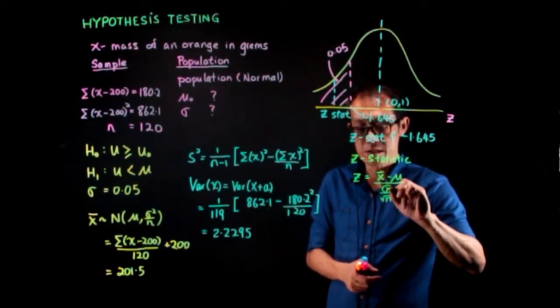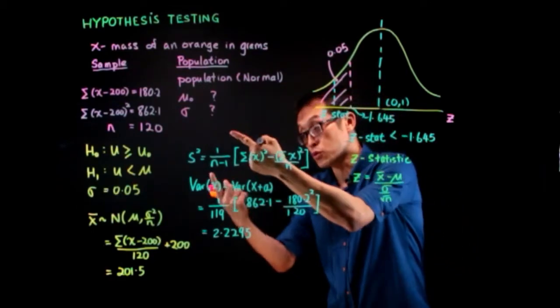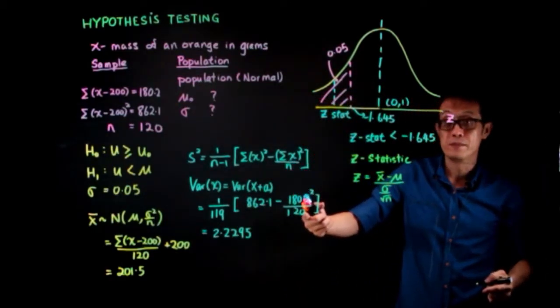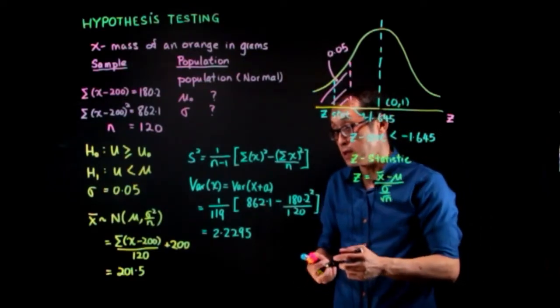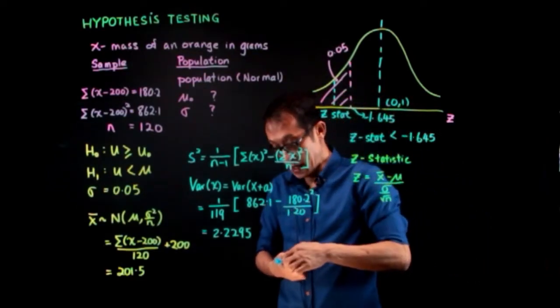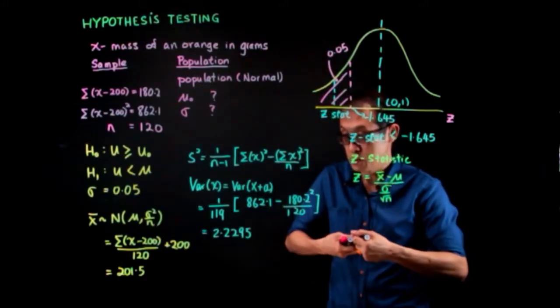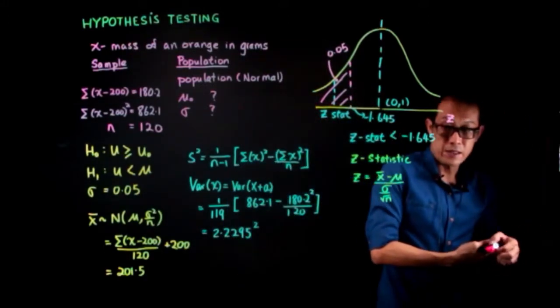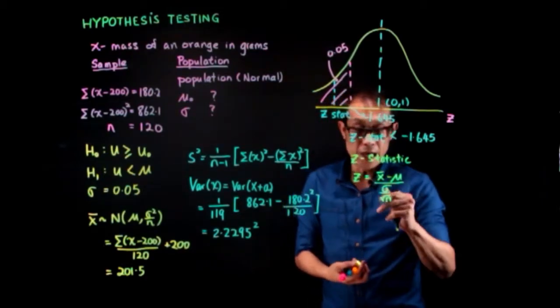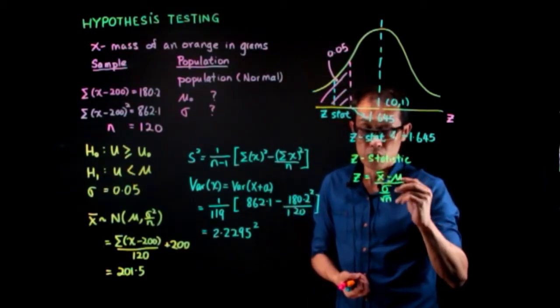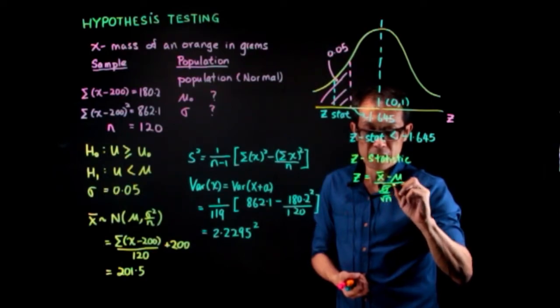Now in this case, because you don't know sigma, it will be your s. All right, this should be s square, not s, sorry. Now instead of writing sigma, this should be s because sigma is unknown.